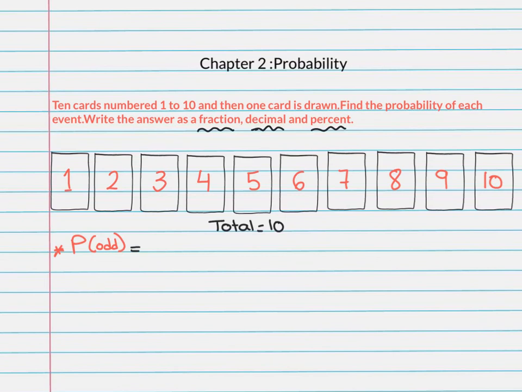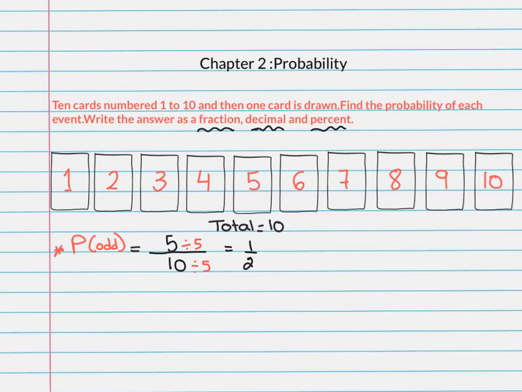So we have 5 odd cards. Then the probability is written as a fraction first. The total is 10, the denominator is 10, and we got 5 odd cards. If there's a possibility of simplification, we do it. We can simplify by dividing by 5, and that's 1 out of 2 as a fraction.